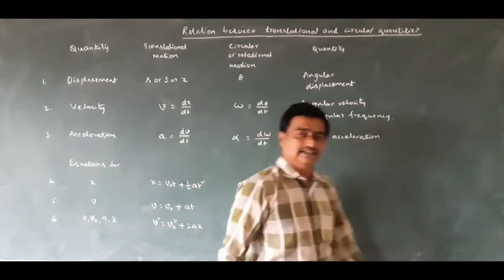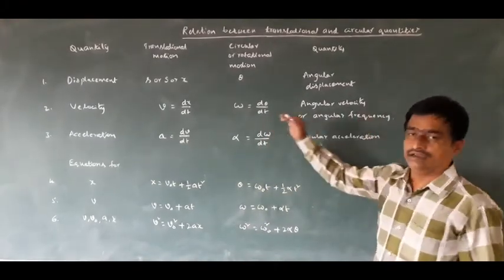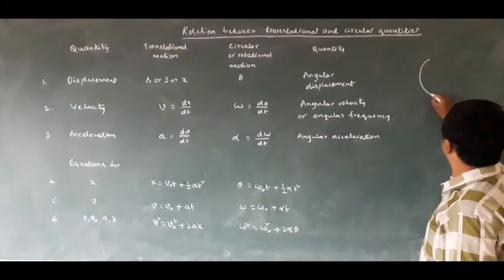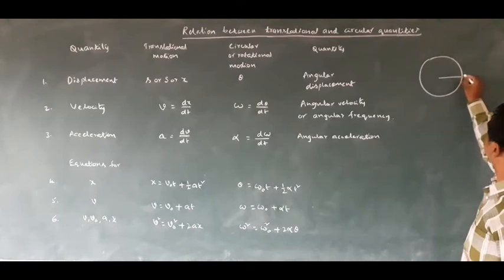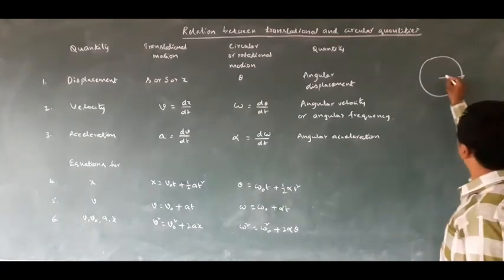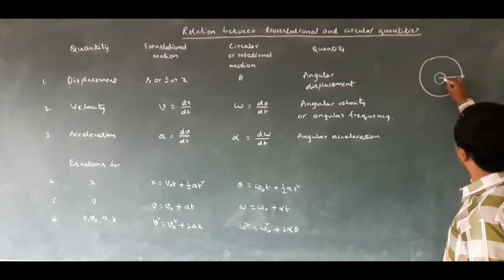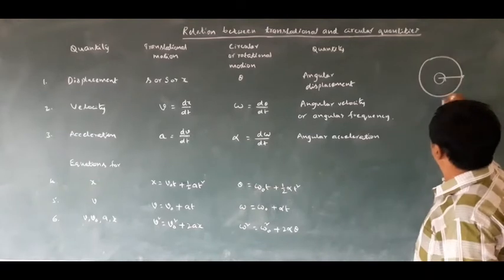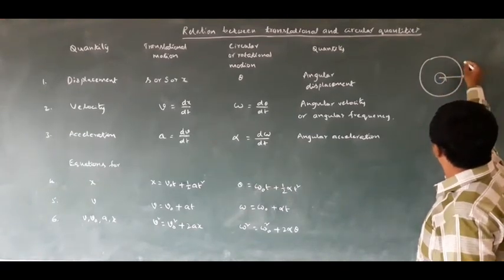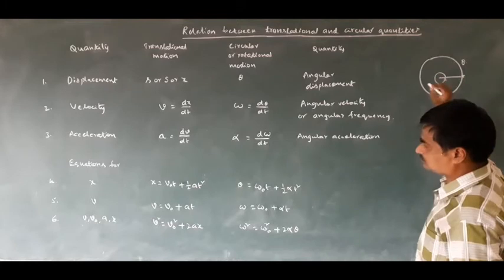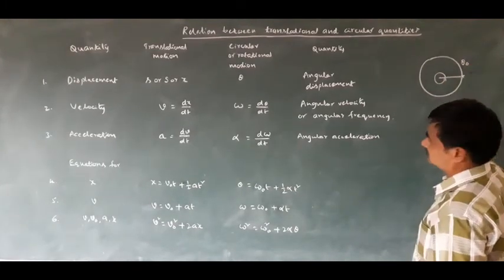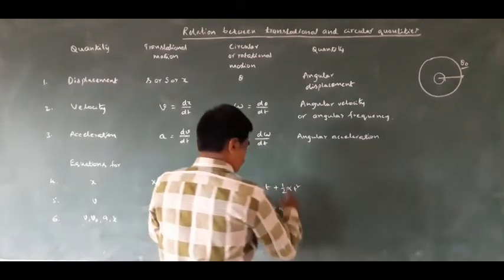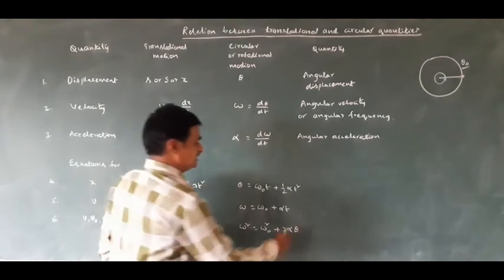But in general, for rotational motion, we take it like this. It starts from this point, and we measure our angle from the x-axis. But there is no need to start from this one. We can take any reference axis. If the initial value is theta naught, then we make some changes in these equations.